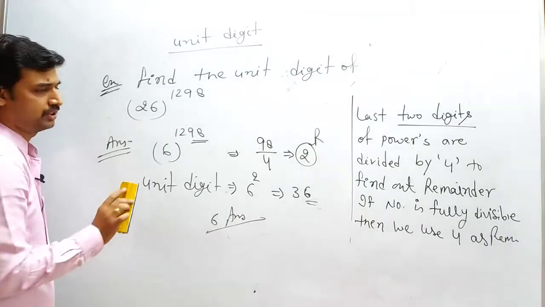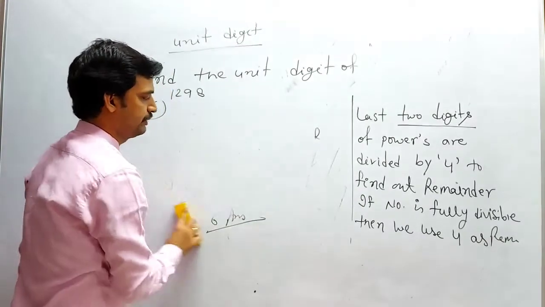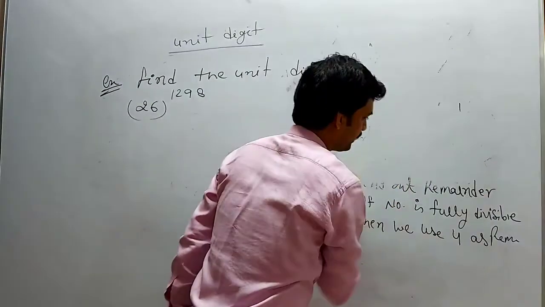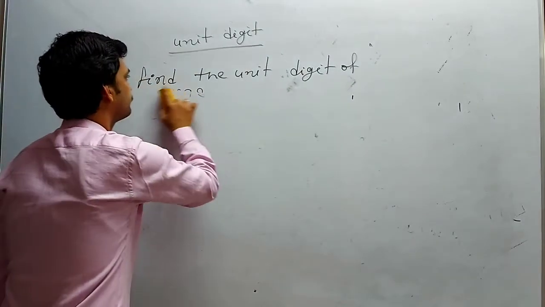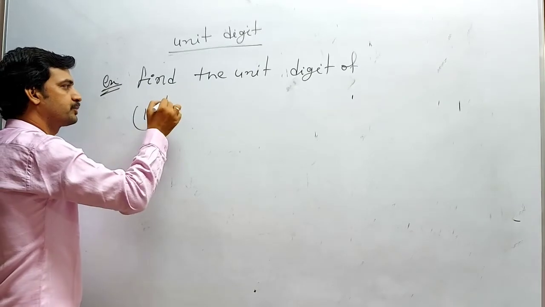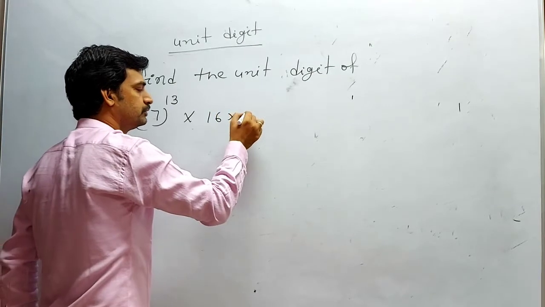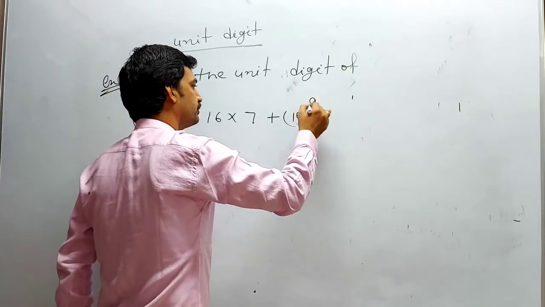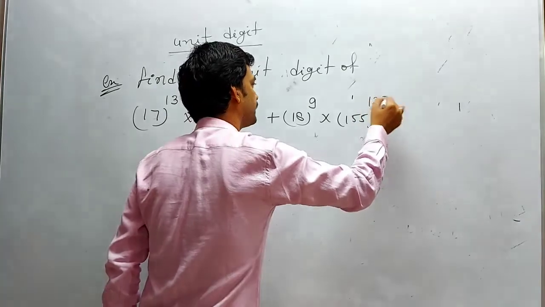Now we'll take one example where we'll merge the values of unit digits. Some values are given in terms of power, some are given directly, and you need to find the unit digit of the given expression. 17 raised to 13 into 16 into 7 plus 18 raised to 9 into 155 raised to 1287.